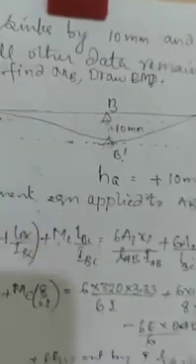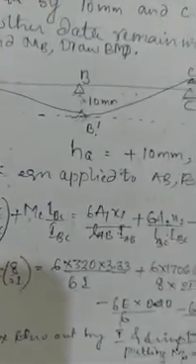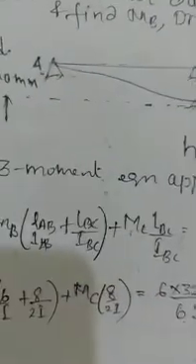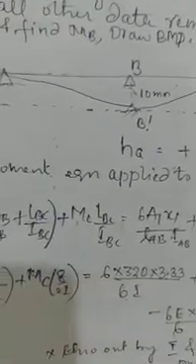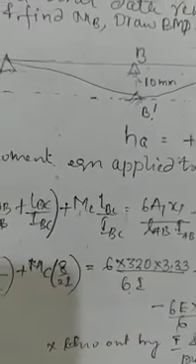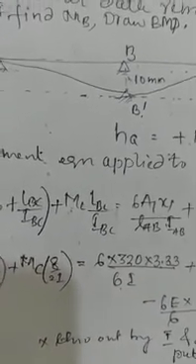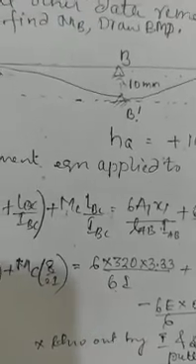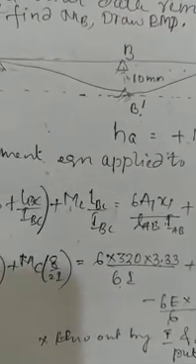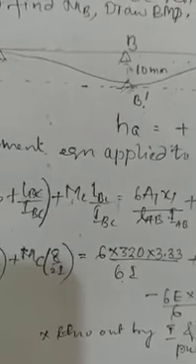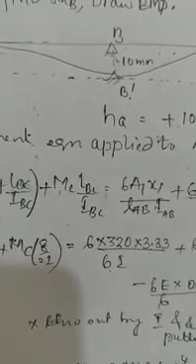So come back to the deformed shape of the beam. I've shown the beam after support sinking. So B is sunk by 10 mm. So what will be HA? A has not sunk. B, being the intermediate support, has sunk by 10 mm.